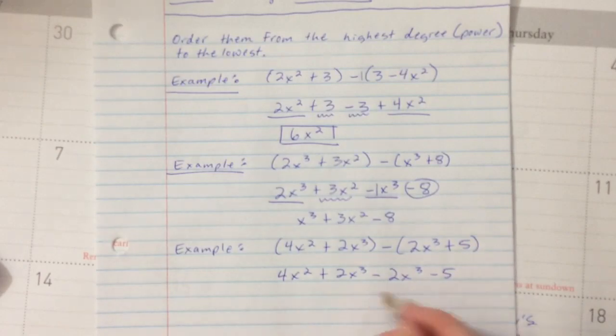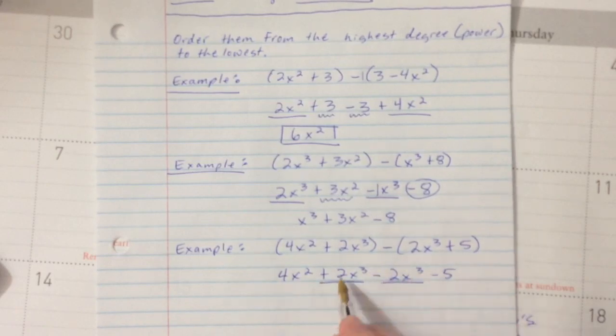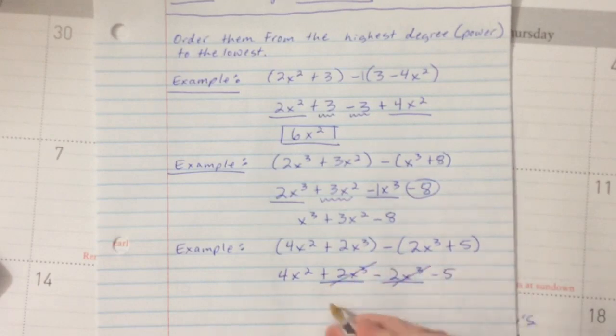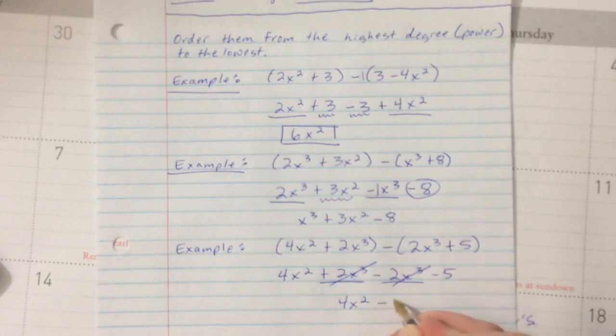Now we can combine like terms, and we have x to the power of 3 here and here, but they cancel out each other. So that gives us 4x to the power of 2 minus 5.